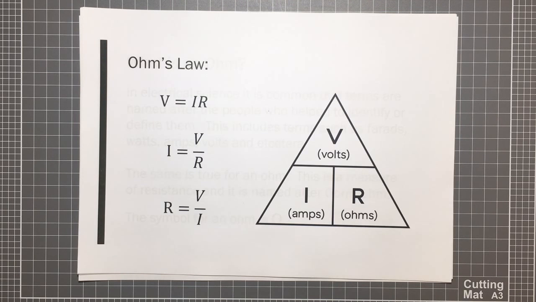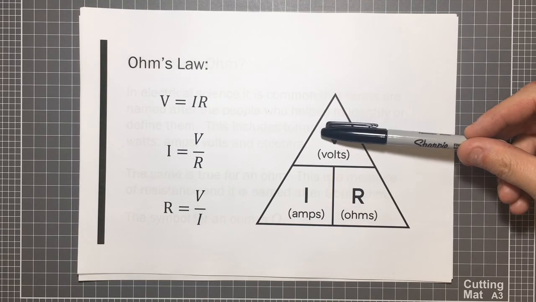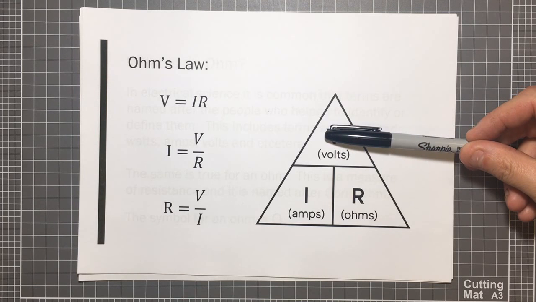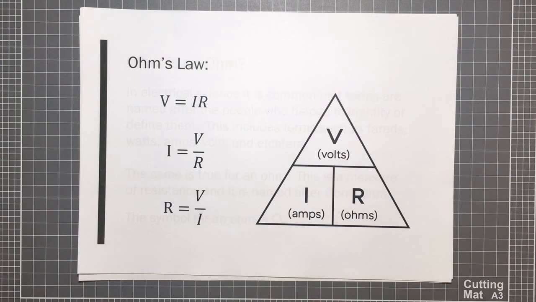Let's say we are looking for R. We cover up the R, and it tells us straight away that the formula we would use is V over I. If we were looking for I, the formula is V over R. And lastly, if we were looking for the volts, we cover up the V, and we can see that I times R will equal the volts. Some people like magic triangles, some people don't. It's just a personal preference, and I'll leave that up to you to decide.